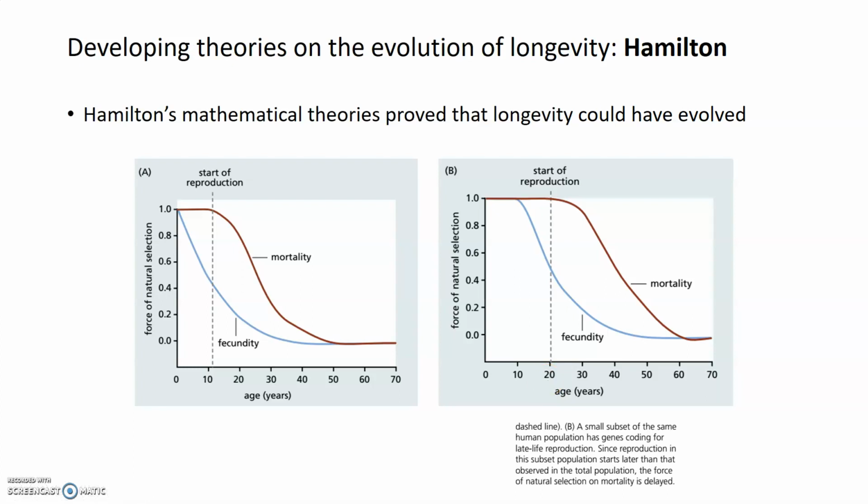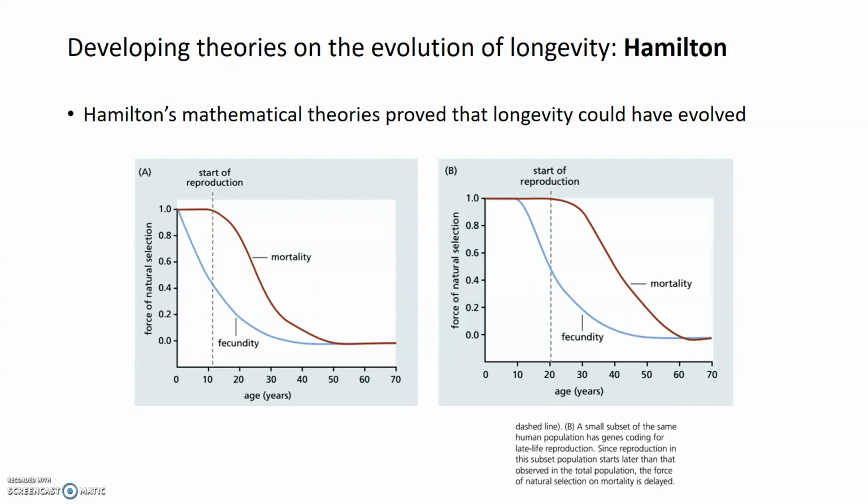And there's a small subset of people who have genes that allow them to start reproducing later in life. And you can imagine that if the forces of natural selection are acting on these genes and allowing people to start reproducing later in life, you can extend lifespan by decreasing the mortality rate. And this is a theory of how longevity might have been able to evolve.